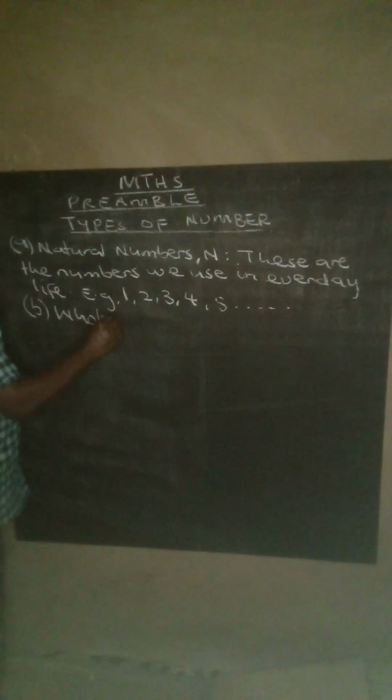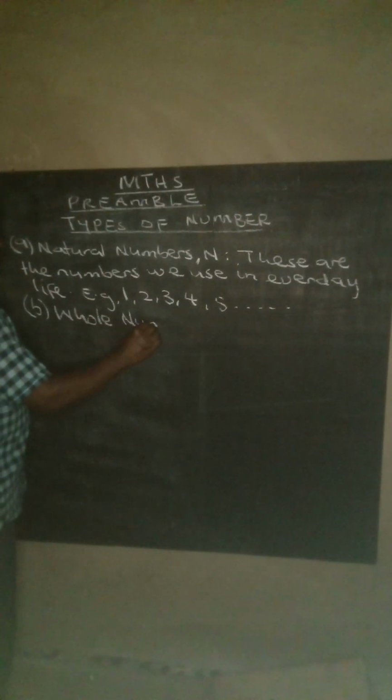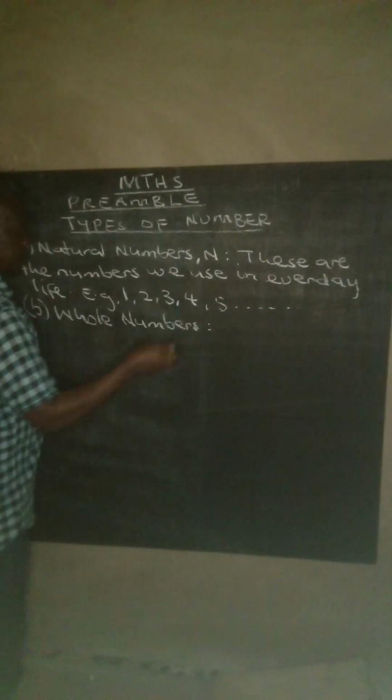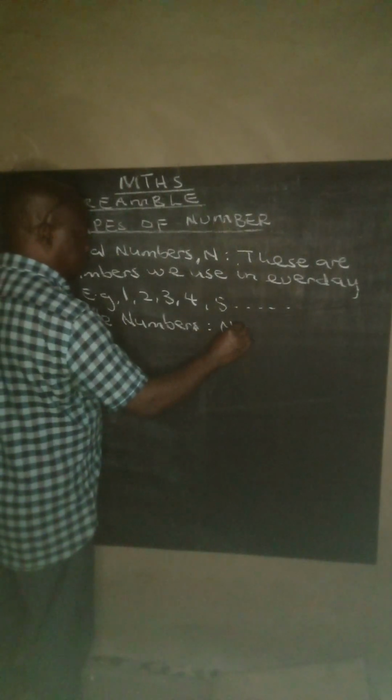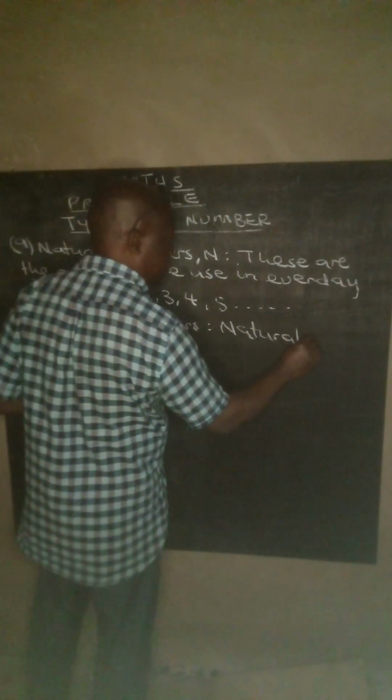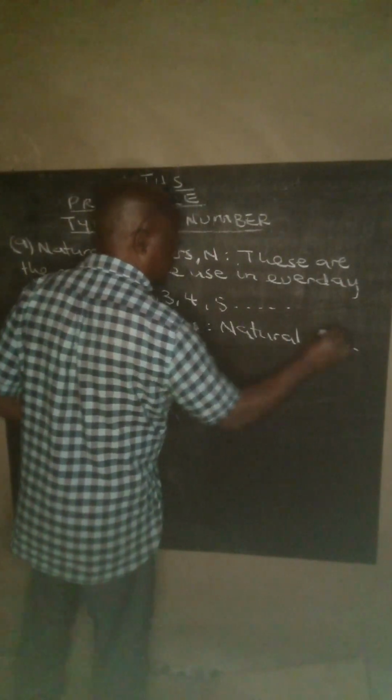you still have W, whole numbers. Whole numbers are what? Natural numbers and zero.